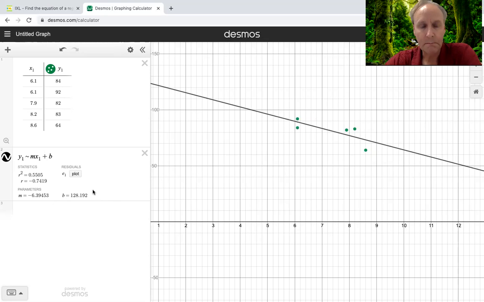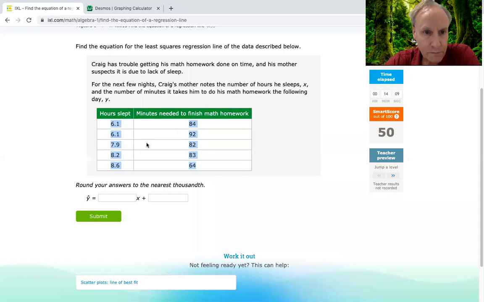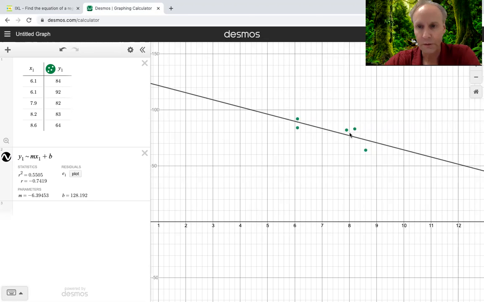So basically for every extra hour of sleep, these are hours of sleep, the more hours of sleep he gets, the fewer minutes he needs to do his homework, which is that it's going down 6 minutes for every hour of sleep he gets. So that's the interpretation. It's negatively correlated. The more sleep he gets, the less time he needs for the math.